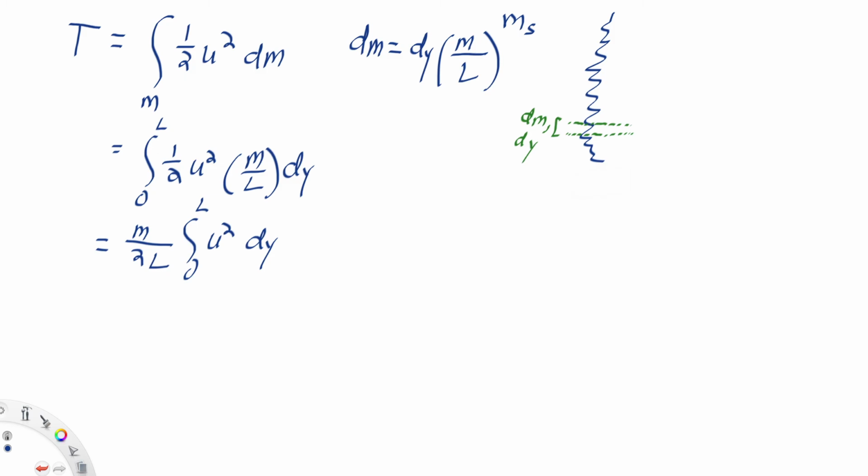But the amplitude for each individual part of the spring is not going to be the same. So actually, the velocity of each little bit of the spring is going to be proportional to how far down the spring it is.